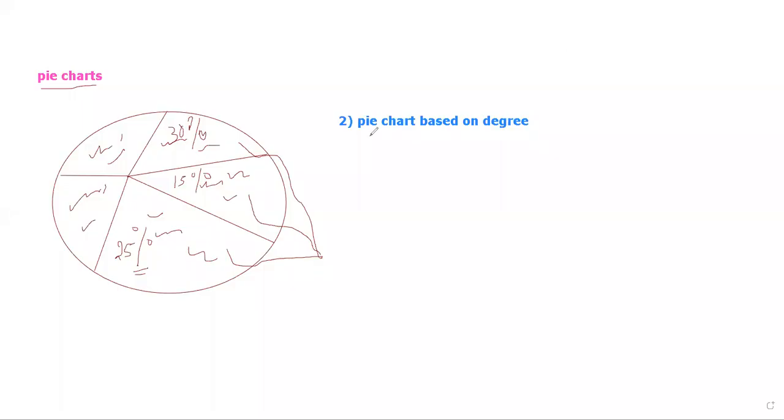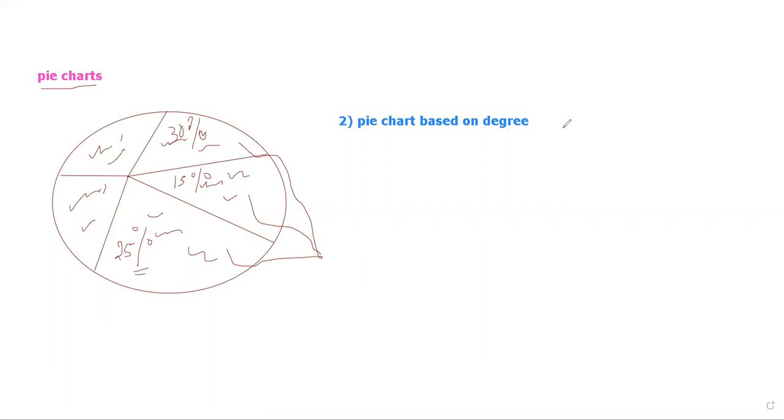So friends, this second type is the pie chart based on degree. I recently told you about pie charts based on percentage. There, we had the pie chart, the sections were divided, and then they were given a value in percentage.